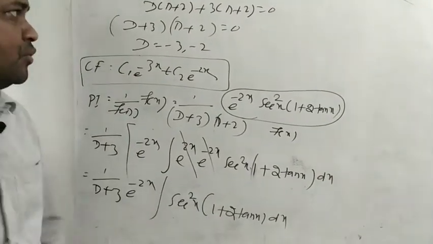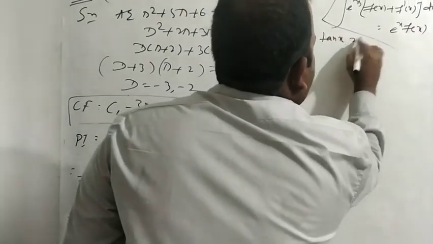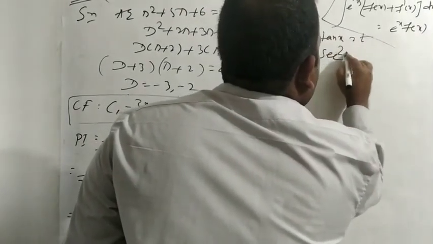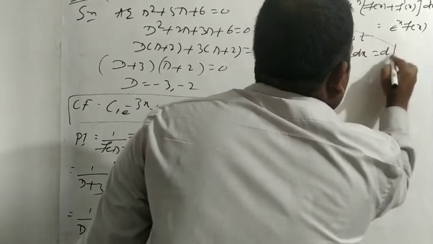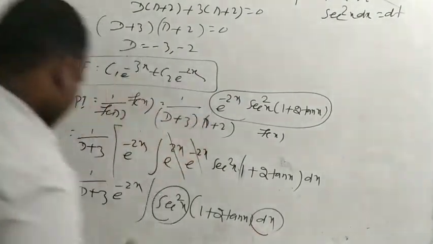So put tan x equal to t. Then sec square x dx equals dt.